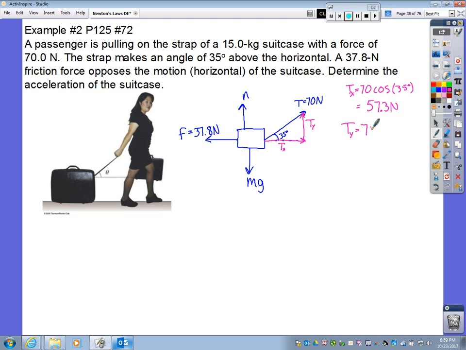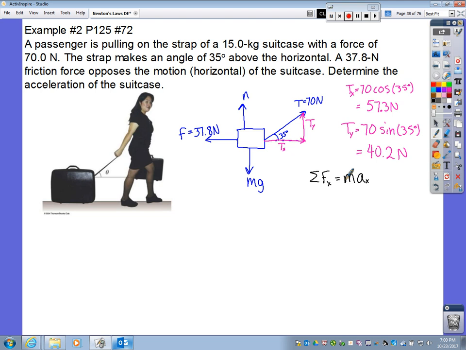Ty is 70 sine 35 degrees, and that's 40.2 newtons.